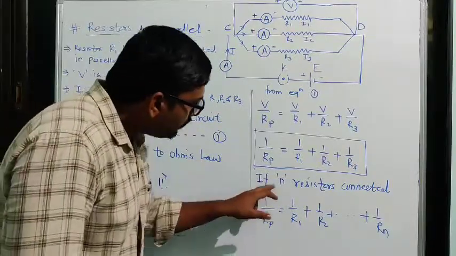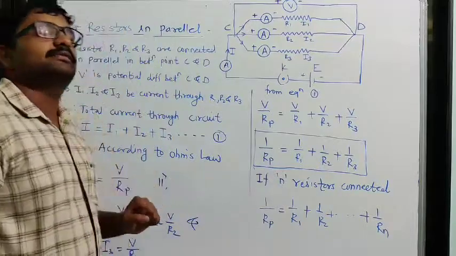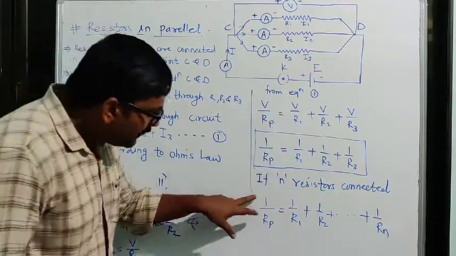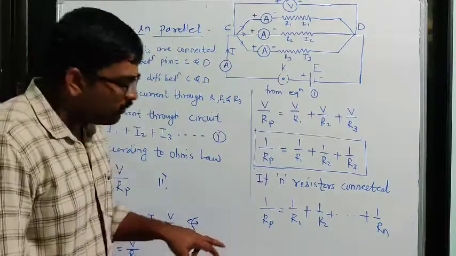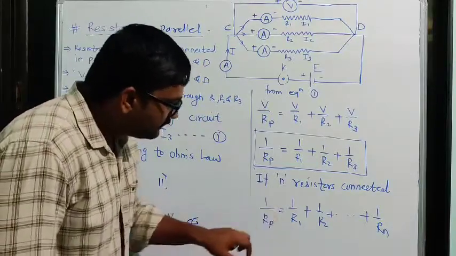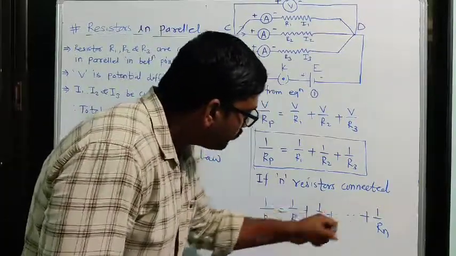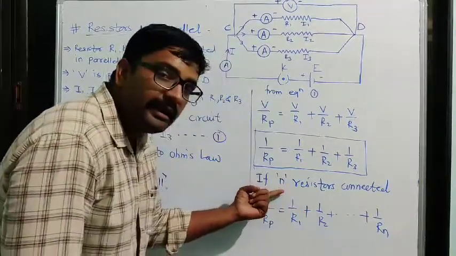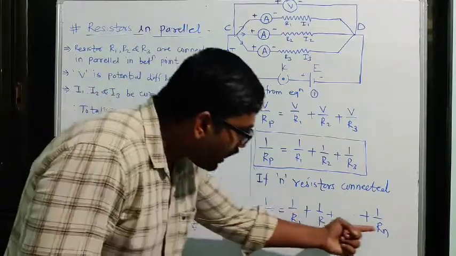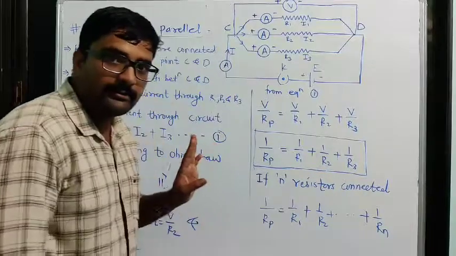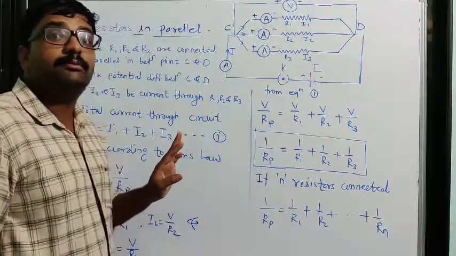Now suppose n number of resistors are connected in parallel. Then their equivalent resistance will be 1 by Rp is equal to 1 by R1 plus 1 by R2 plus up to 1 by Rn, where Rn is the resistance of the nth resistor, in reciprocal.